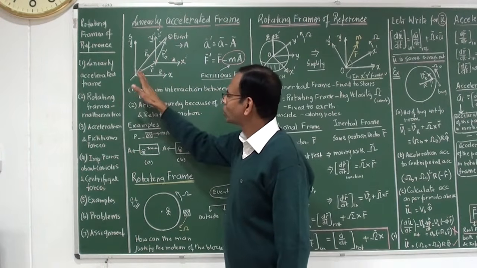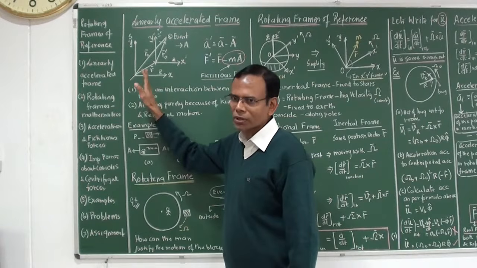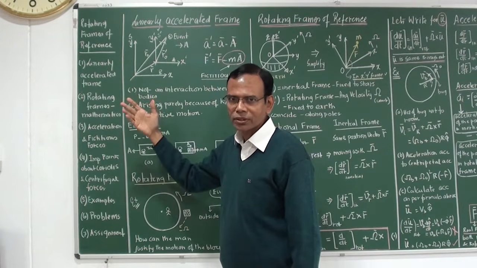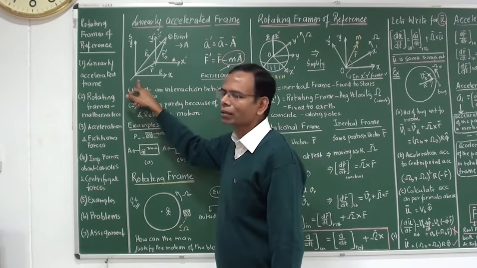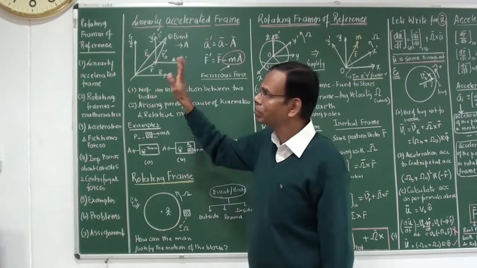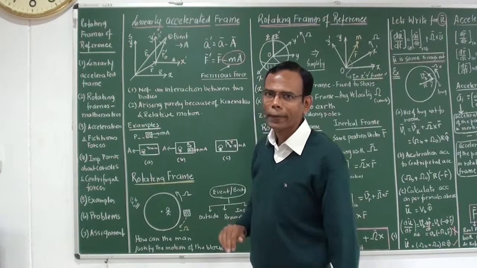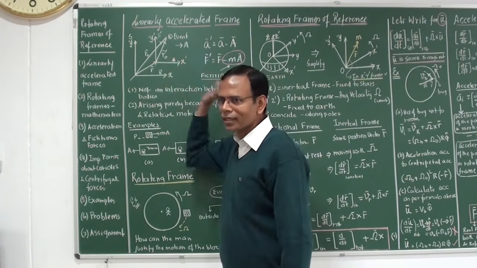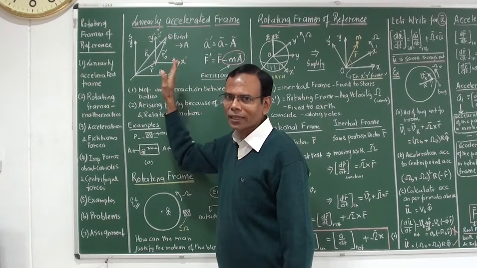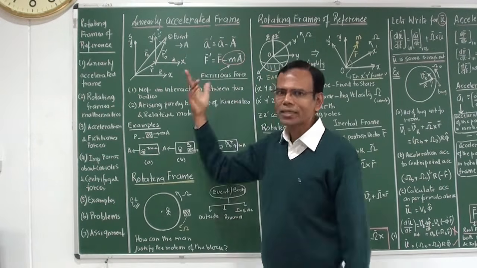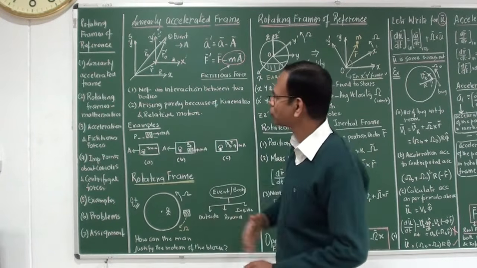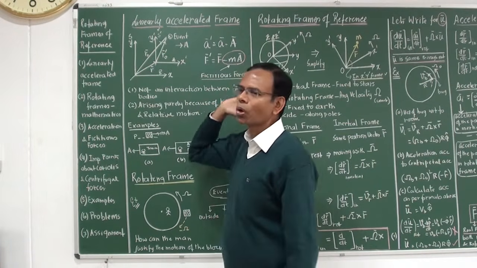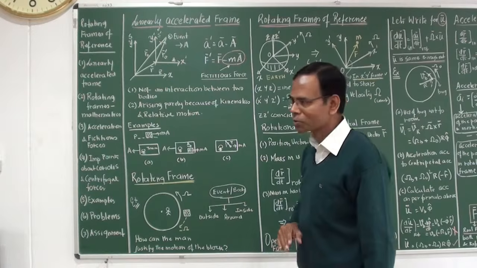We have our observations, that is our coordinates, velocity, acceleration and force in the S frame for some event here. How will an observer in the accelerated frame, which is moving with a constant acceleration, observe the same event? That is our goal actually.